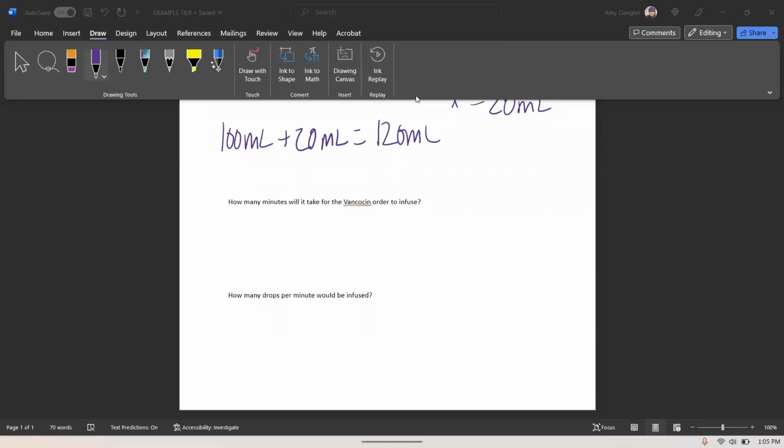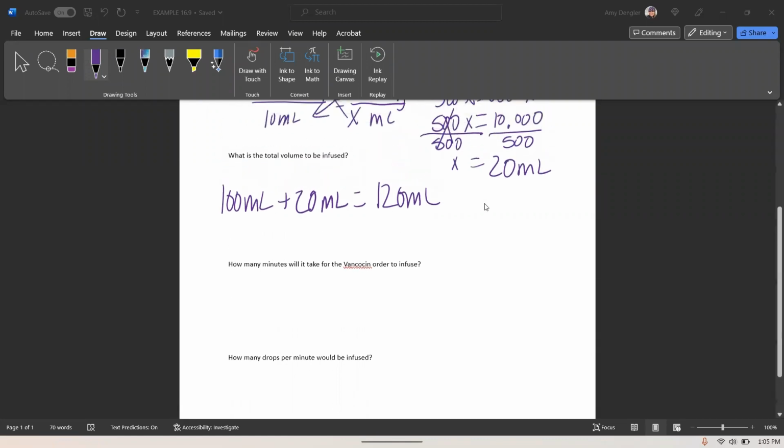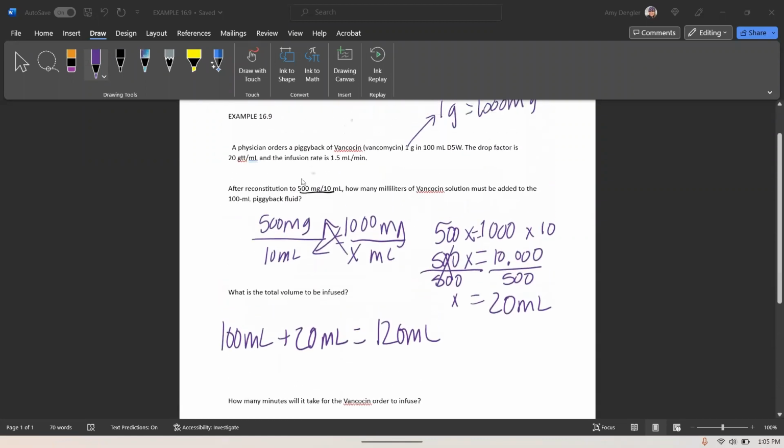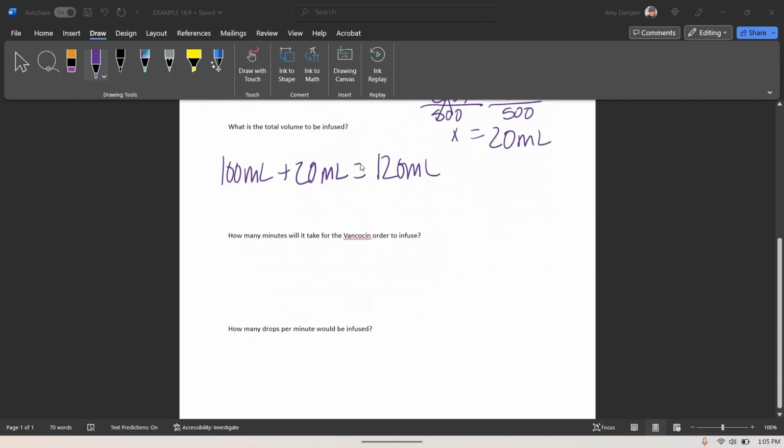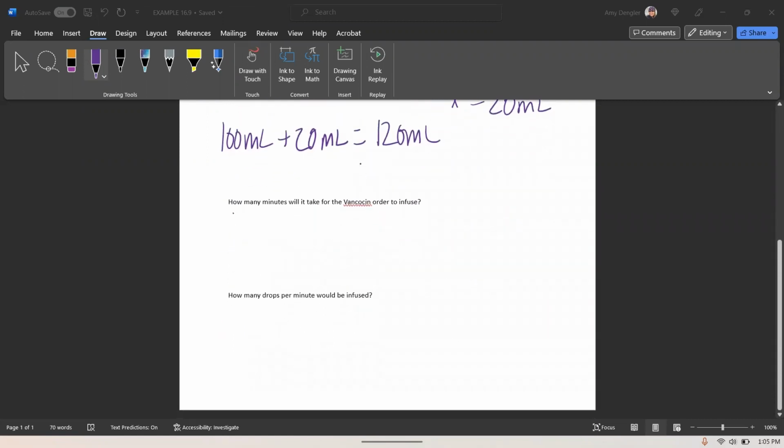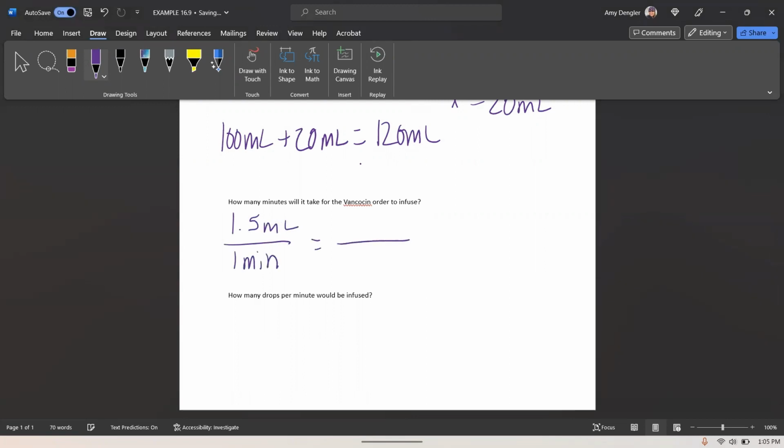How many minutes will it take for the vancomycin to infuse? All right, so we're going to use our infusion rate we have in the problem of 1.5 ml per minute. We want to know how many minutes, so that's going to be my X. And our milliliters is going to be our 120 milliliters that we just found out.